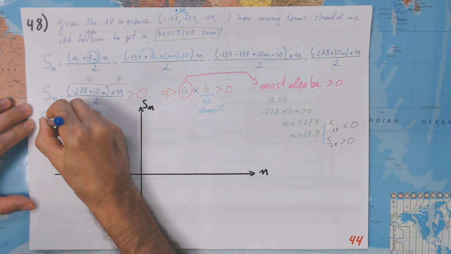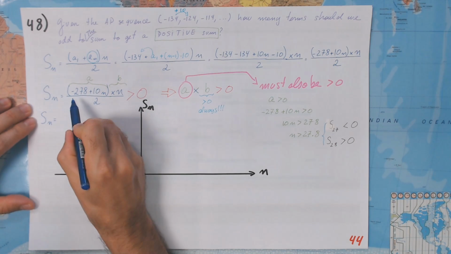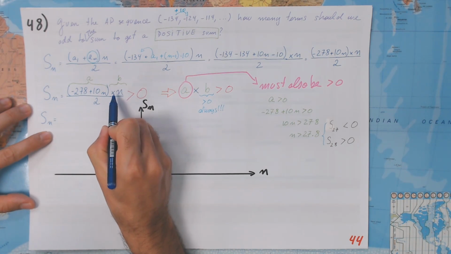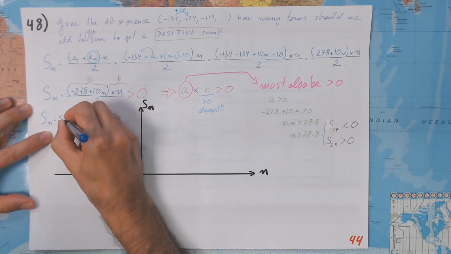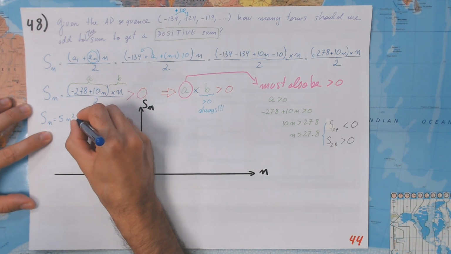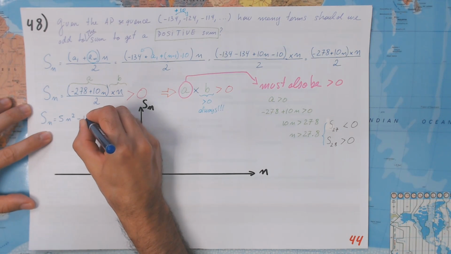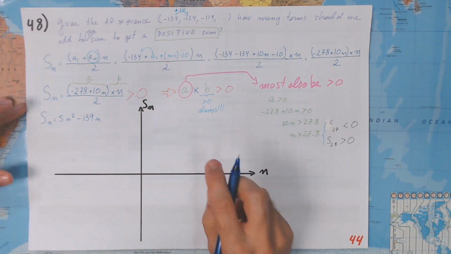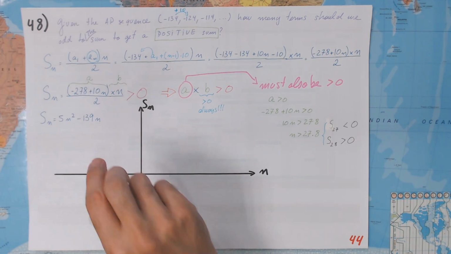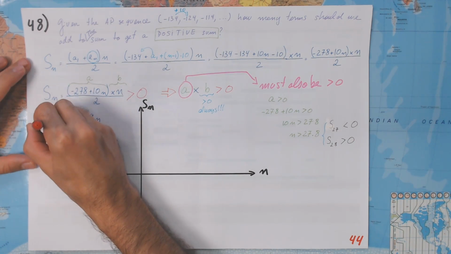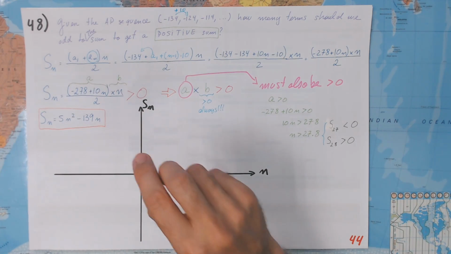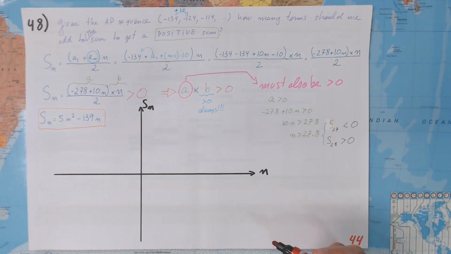Sn is going to be what? This is going to be 10n squared divided by 2, which is 5n squared, minus 139n. I'm going to plot this equation, okay? Now, if we just plot this equation, we're going to get something like this.